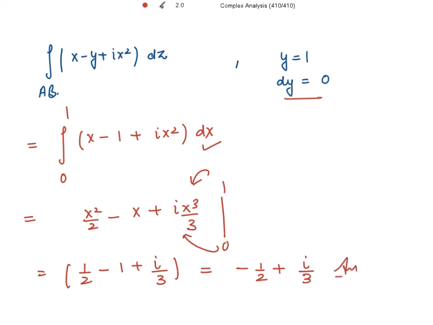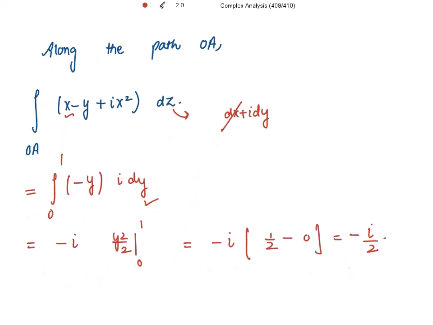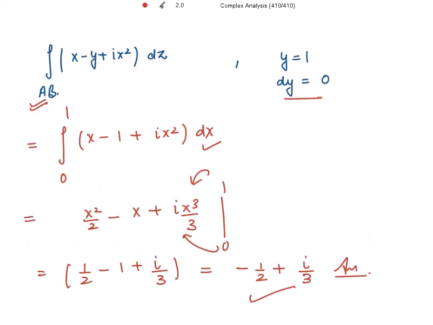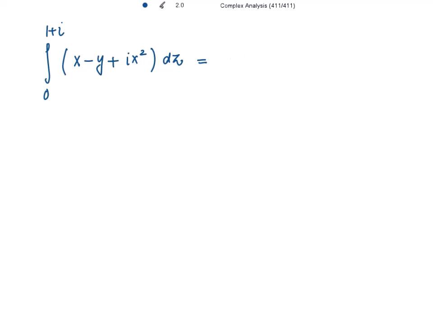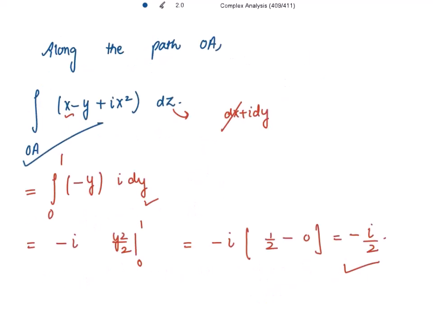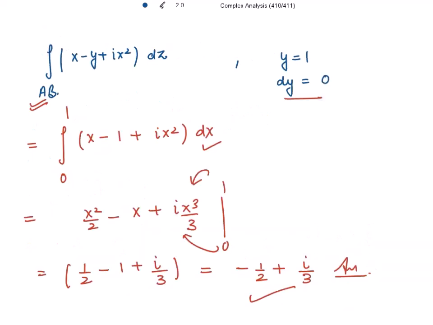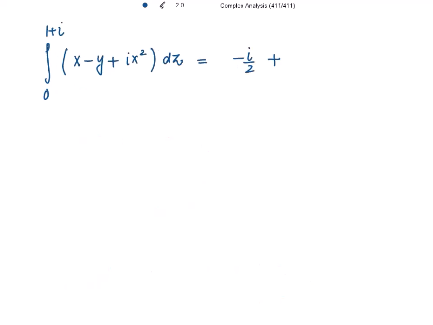So this is the required answer for the path AB, and now we are going to add these two answers of the integrals. First is minus iota by 2 and second is this one. The value of the first integral is minus iota by 2, plus the value for the second integral is minus 1 half plus iota by 3.